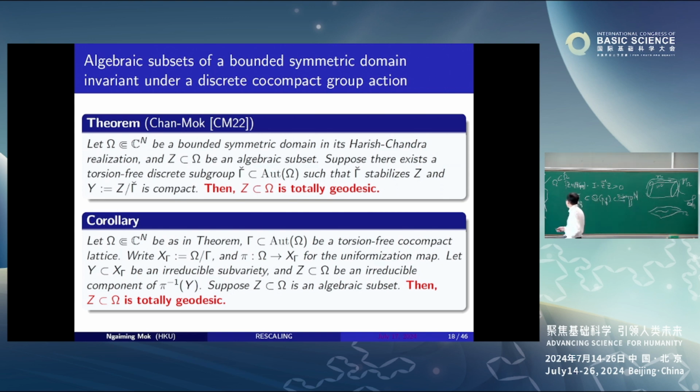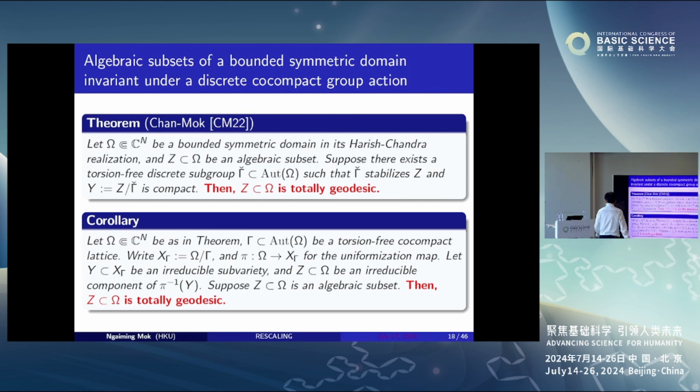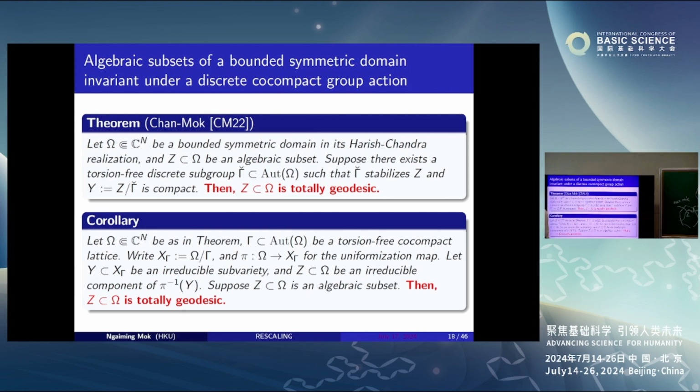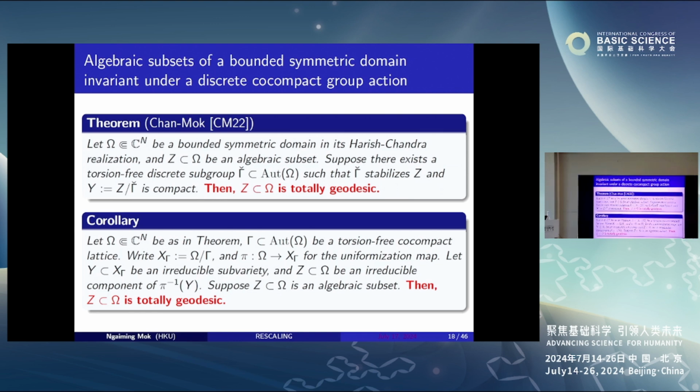Okay, so here is the situation where I have a bounded symmetric domain, and I have a certain algebraic subvariety. So you have an algebraic subvariety, and on this subvariety, you have a certain quotient by a certain group of automorphisms.